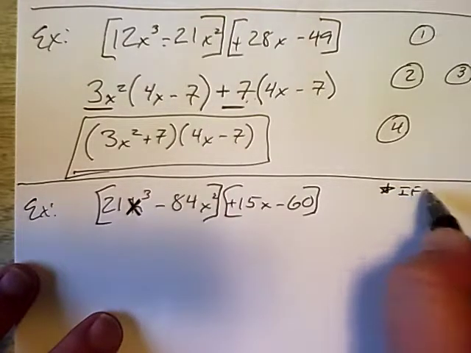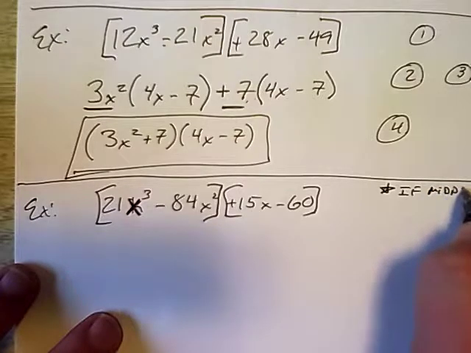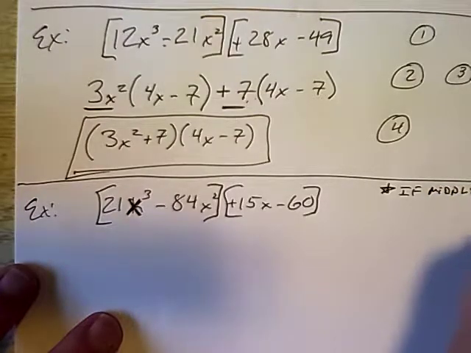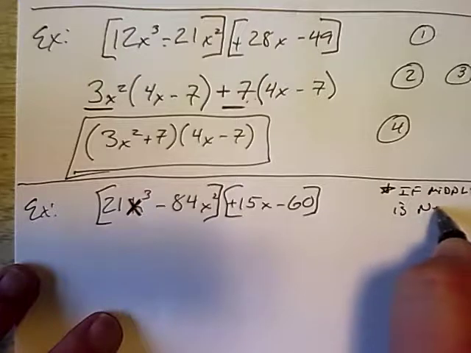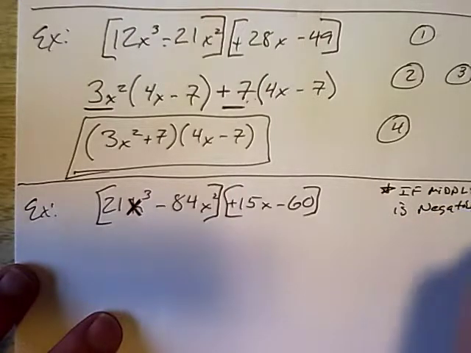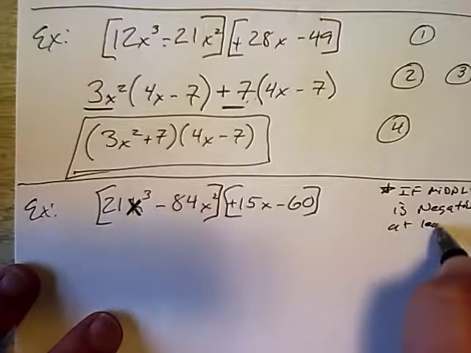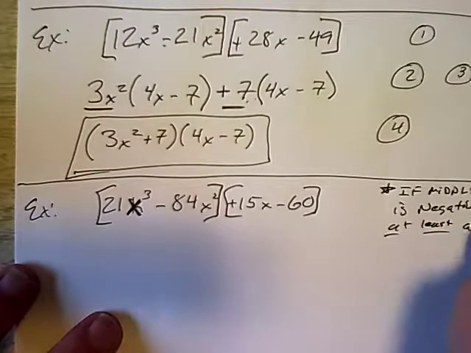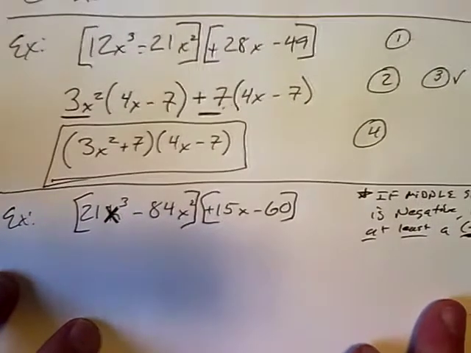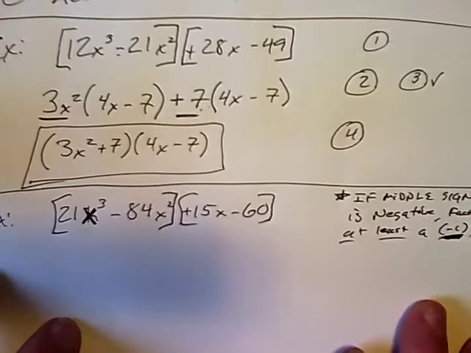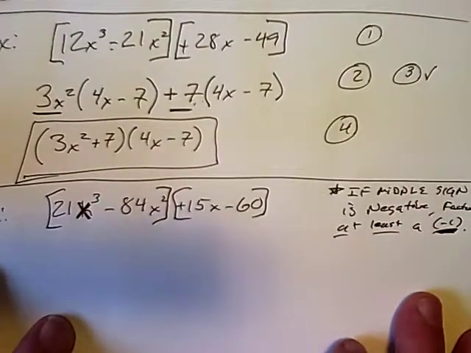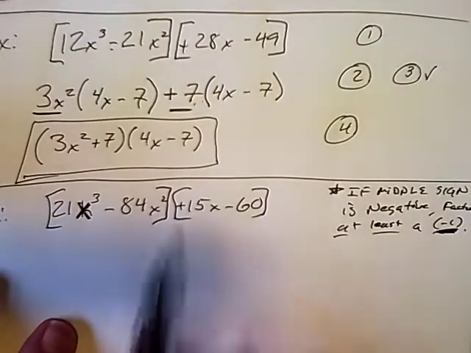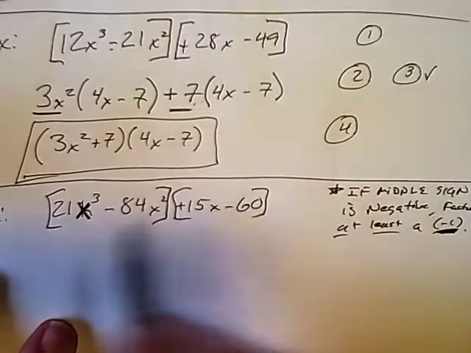So if the middle sign is negative, factor out at least a negative 1. Okay, so that's step 1, I grouped them.